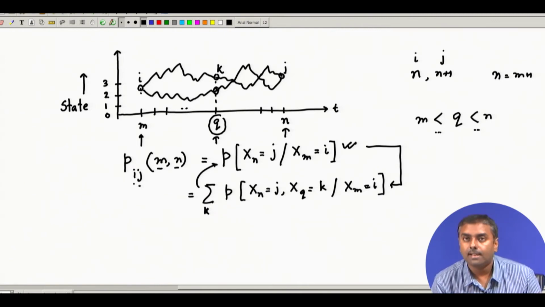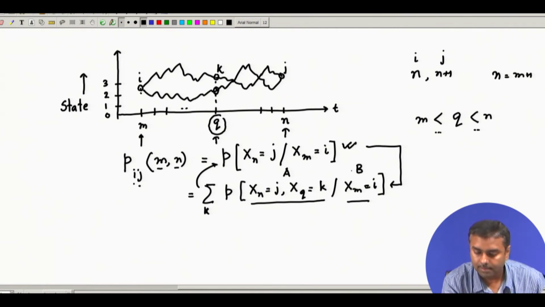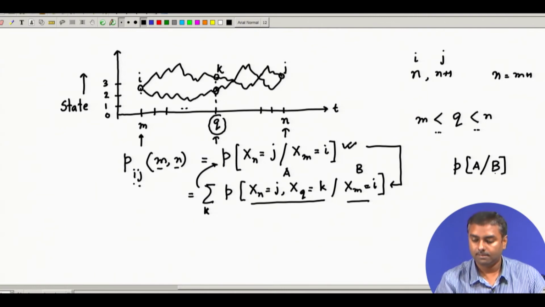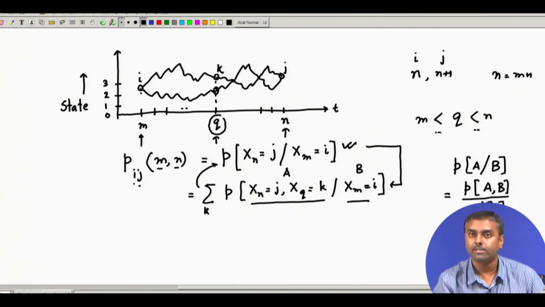Now, this is a conditional probability. So, probability that this is happening given this is happening. So, I can call this event A and this event B. So, basically it is the probability of event A given B. Okay. So, this can be written as the joint probability of A and B both happening, divided by probability of B, that is coming directly from Bayes theorem. Okay.